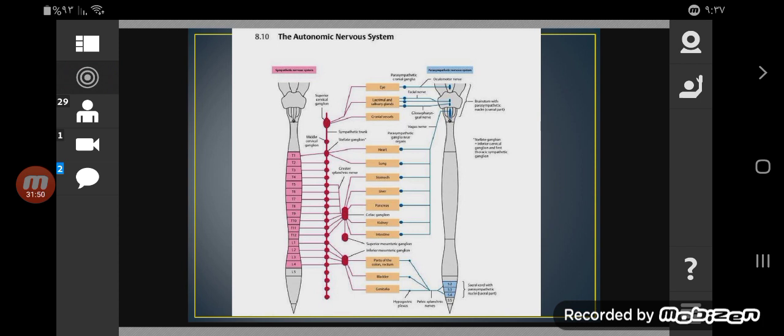At the level of the thorax and the superior lumbar region, L1, L2, L3, you have a lateral horn.